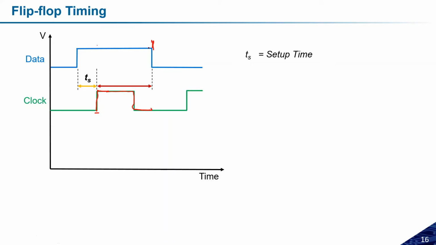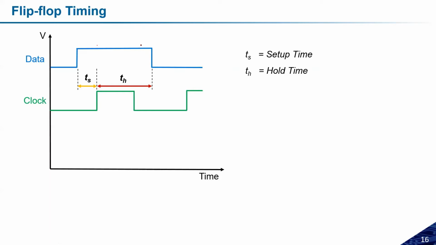It maintained the state for some period of time, and that time is called the hold time. The hold time is the minimum time interval immediately after the activation of the clock pulse during which the data input is maintained at the same logic level.